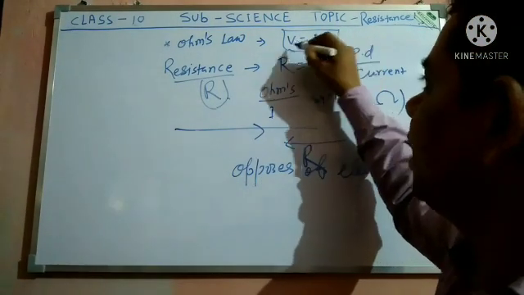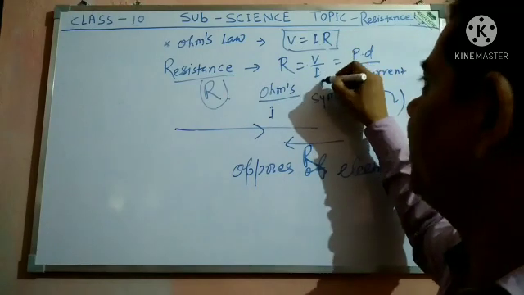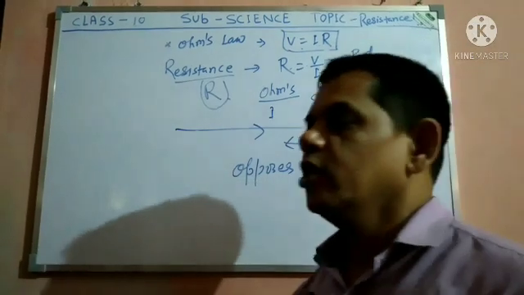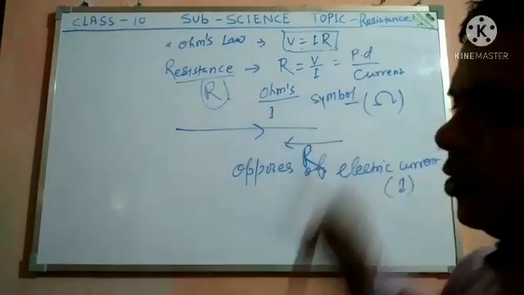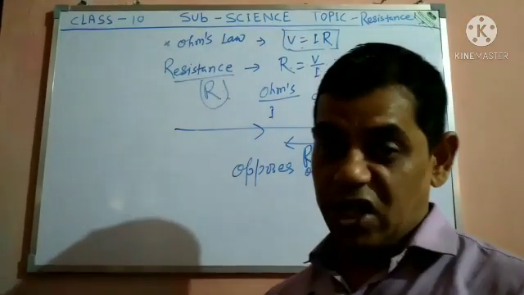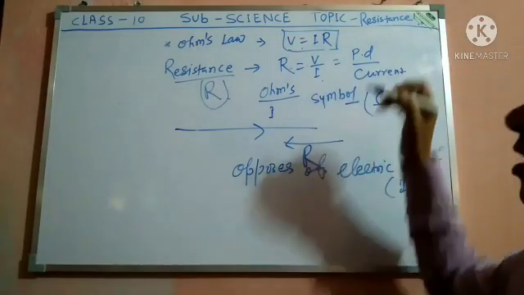Then V by I equals R, so I is the denominator, and R = V/I, where V is potential difference and I is current.